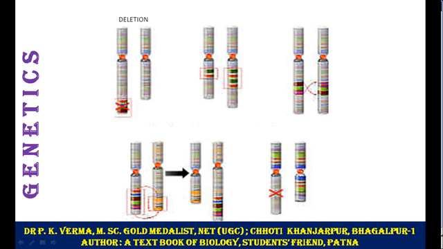Now again in another diagram, the cases of deletion, duplication, inversion, translocation, and a new case called isochromosome have been shown. What has happened?